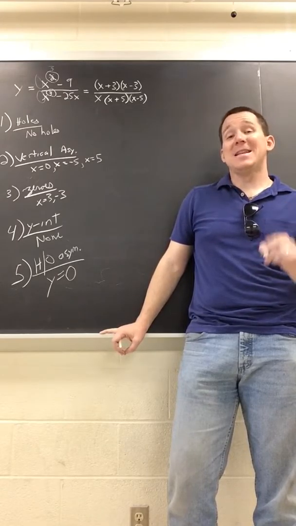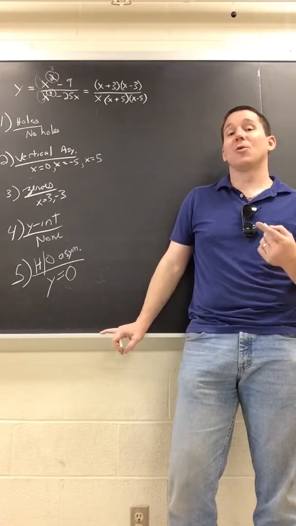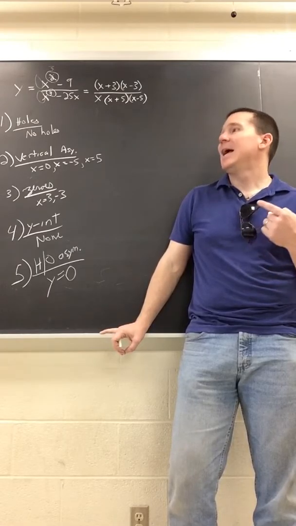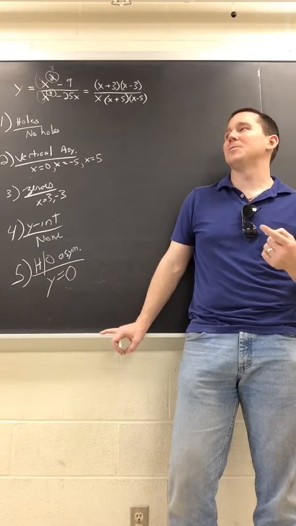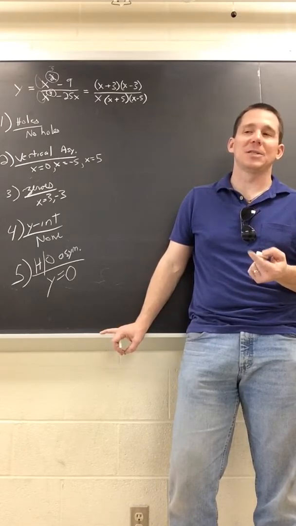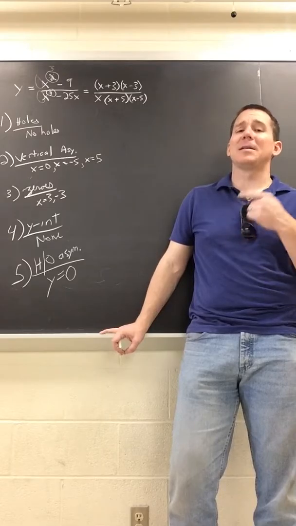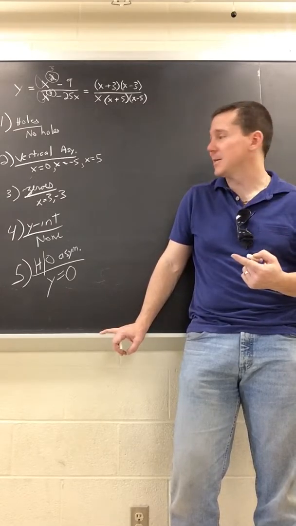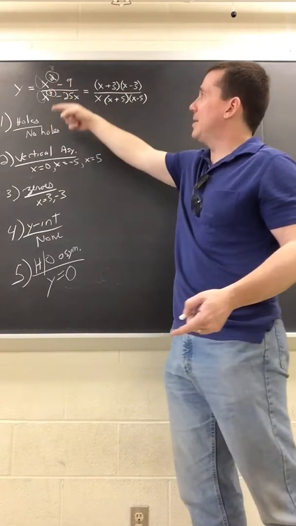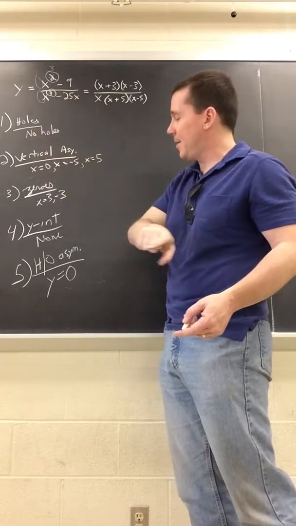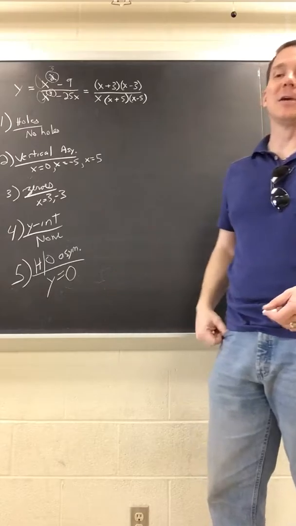I'm probably going to make another video after this one where I go through a couple of graphs of these, so if you're not entirely sure about horizontal and oblique asymptotes, I'll do a couple of examples there. This video is just about all the properties. So here, since the degree in the numerator is less than the degree in the denominator, it's horizontal at y equals 0.